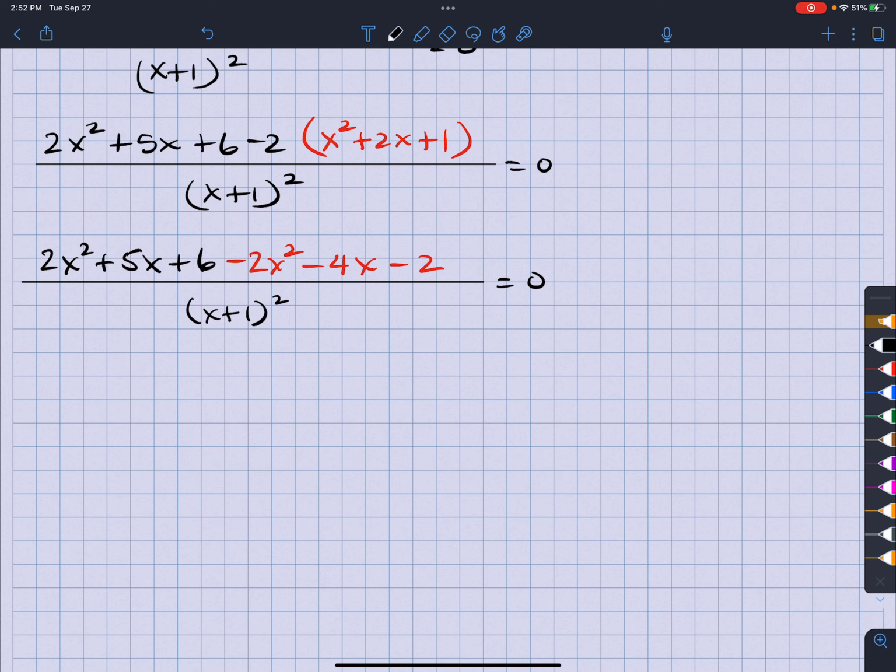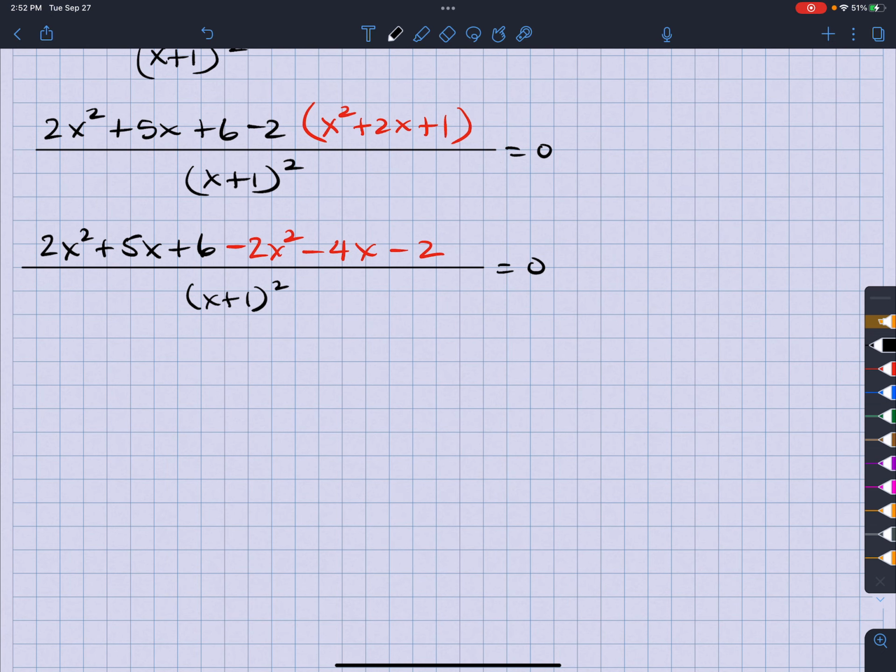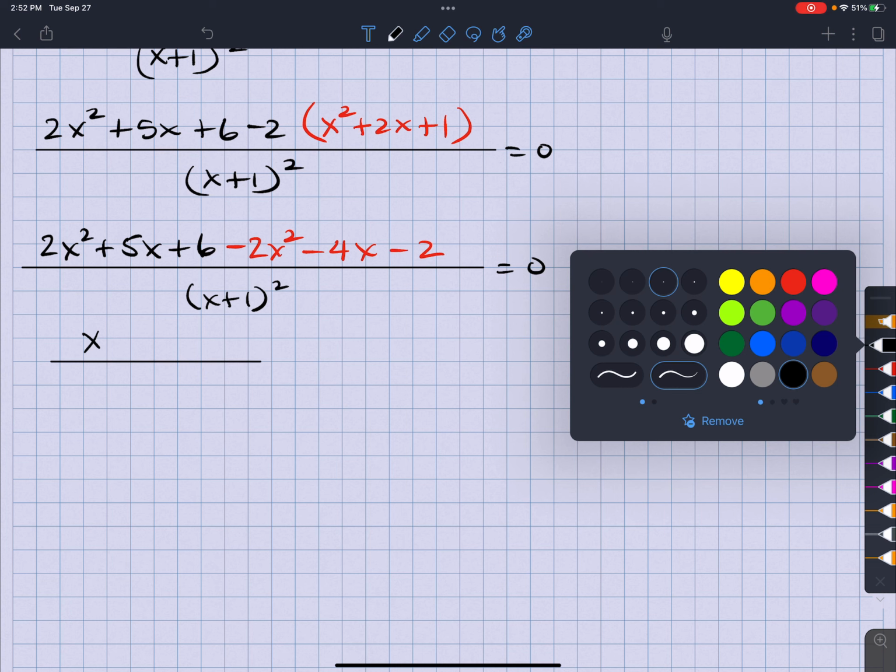Oh, a surprise at the end of the road. Look at what happens. 2x squared minus 2x squared. Woohoo! 5x minus 4x gives me x. Woohoo! And then 6 minus 2 gives me 4.